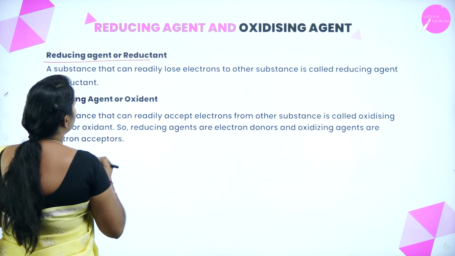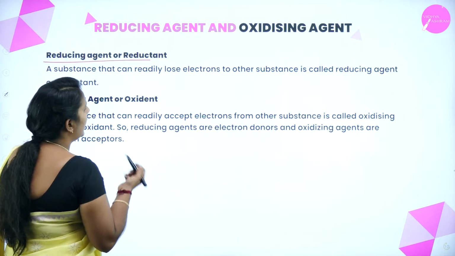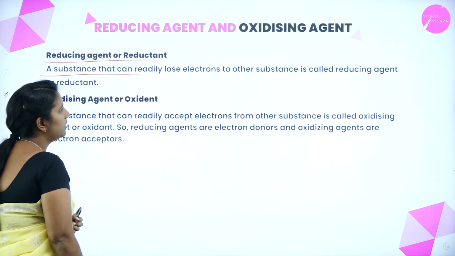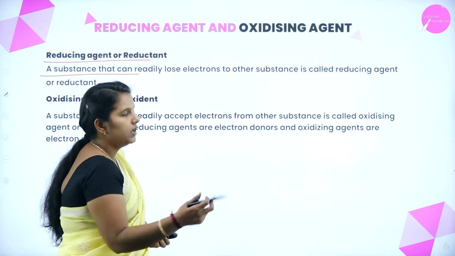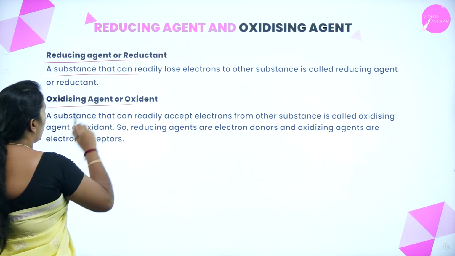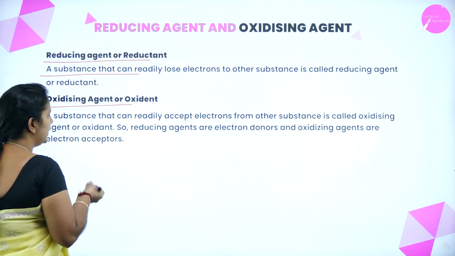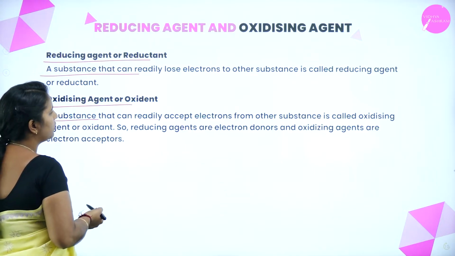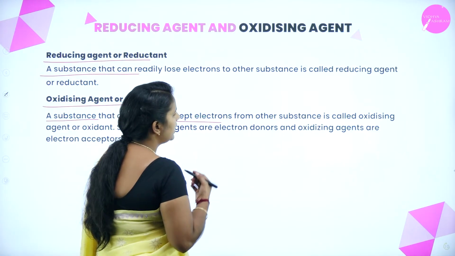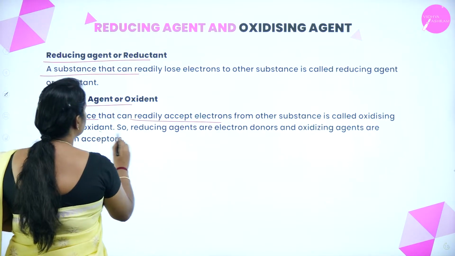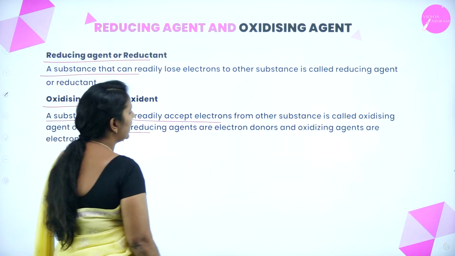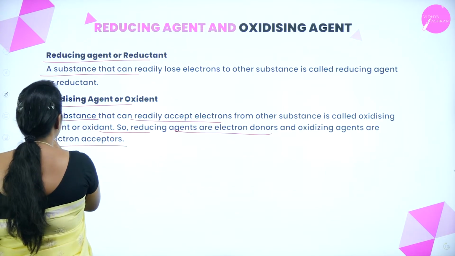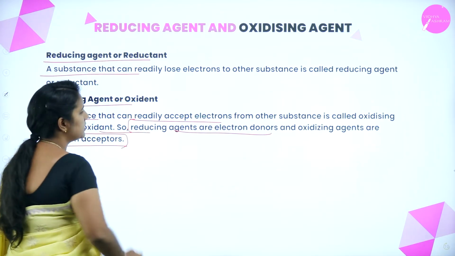Substances that can readily lose electrons to other substances are known as reducing agents, whereas oxidizing agents, also known as oxidants, are substances that can readily accept electrons from another substance. So the reducing agents are the electron donors, whereas the oxidizing agent is an electron acceptor. These sentences you must understand.